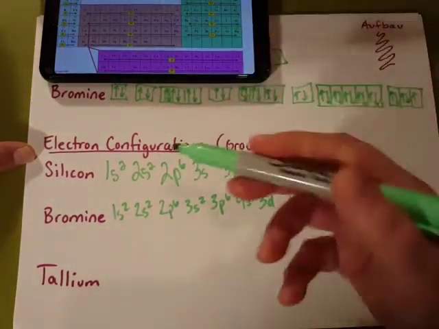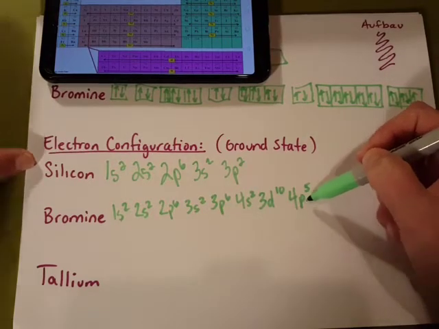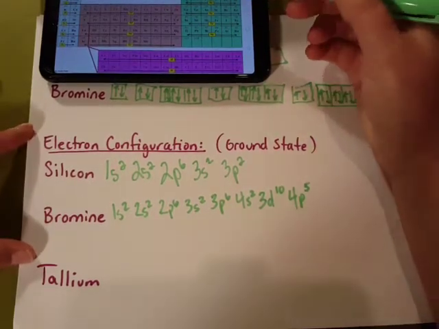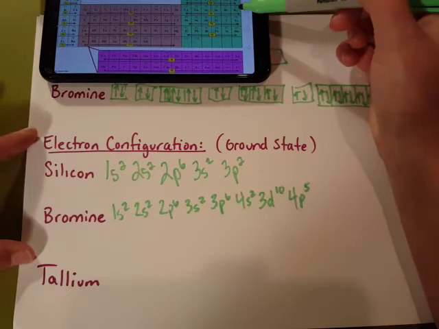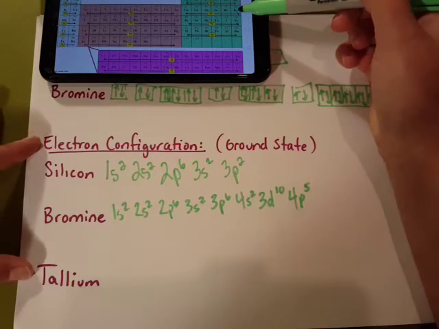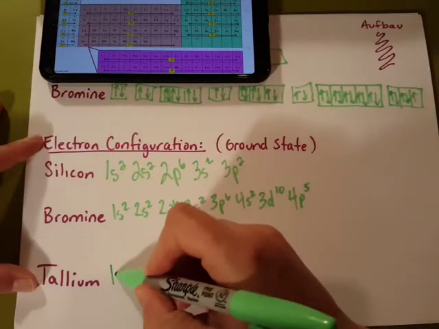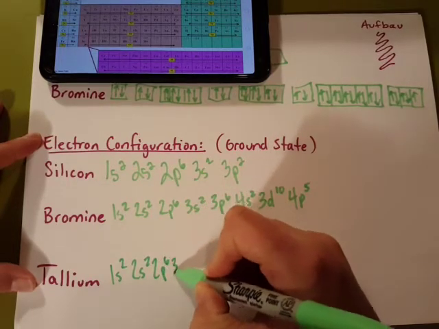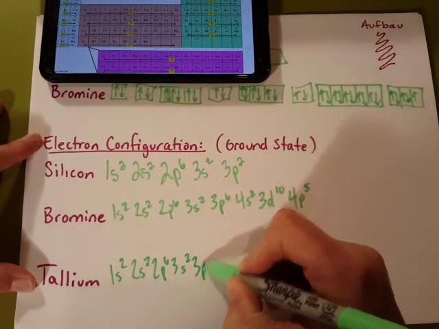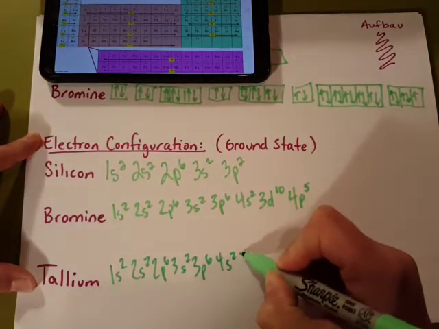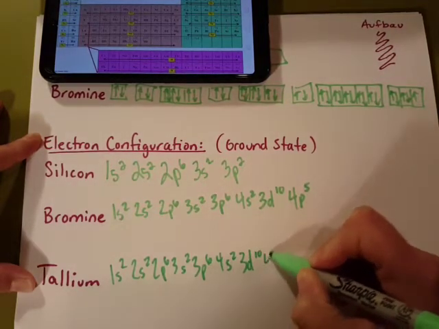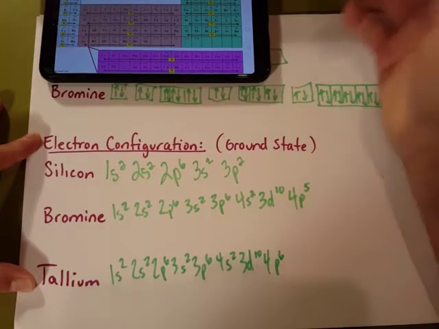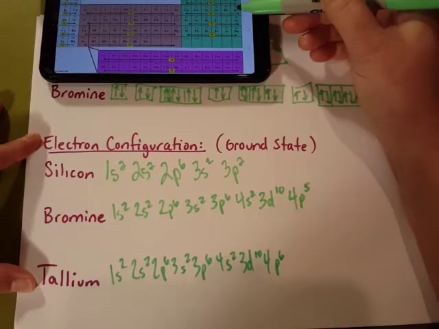With thallium, we can go all the way up to where we were with bromine at the very least. So let's take ourselves here to krypton.